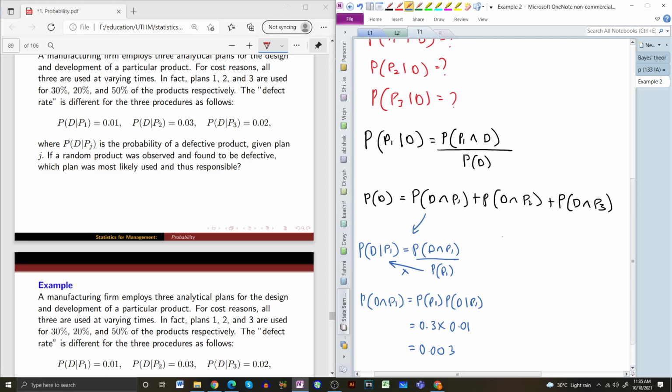And the same method, can you find me what is this one and this one? I give you some time, find me the one.